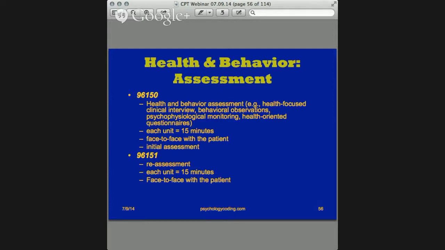So you could spend, for example, up to 2 hours doing this kind of assessment, and that would be recorded as 96150 times, for example, if it was 2 hours, 8 units, 1.5 hours, 6 units, and so forth. If you are going to do a reassessment, for example in the hospital setting, where you're looking at a patient over and over again, for example somebody coming out of a coma, you may want to see this person Monday, Tuesday, Wednesday, and so forth. Every time you do a reassessment of that individual, it's 96151.